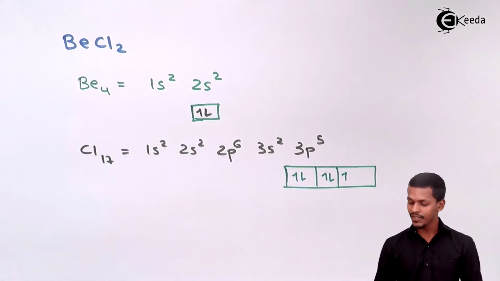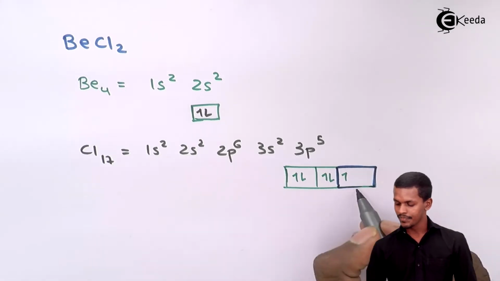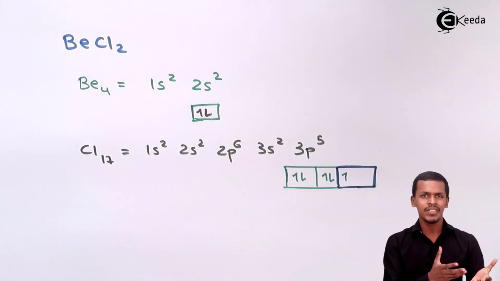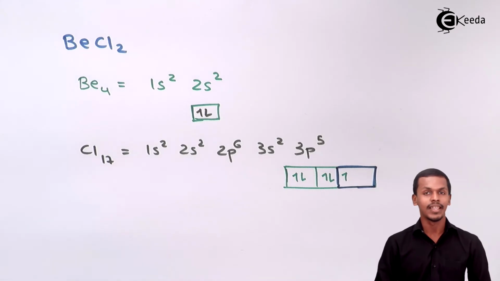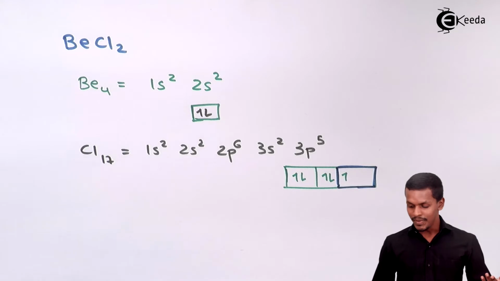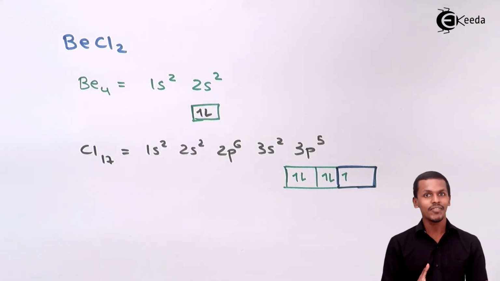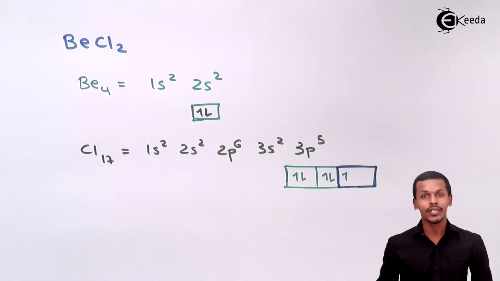If you observe here, only one orbital has an unpaired electron, and that would be responsible for forming a bond with Be, that is beryllium. But Be doesn't have any unpaired electron. So how can the bond form? This was explained by hybridization, and that is what we are going to talk about.